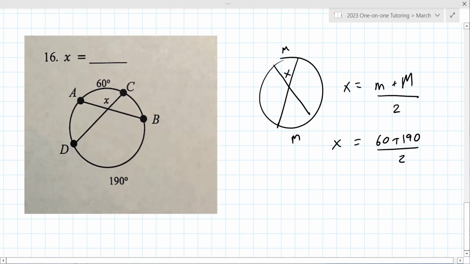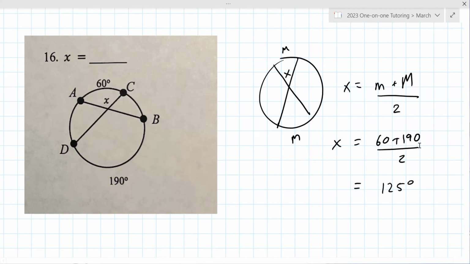So 60 plus 190, 250, divided by 2. 125 degrees. Good.